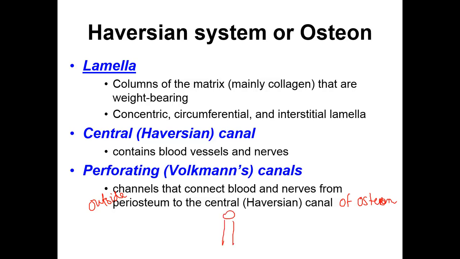So you would have an osteon here, and an osteon here, and an osteon here. And that blood vessel could go central canal, Volkmann canal, central canal, Volkmann canal, central canal, Volkmann canal, and then get into the spongy bone.